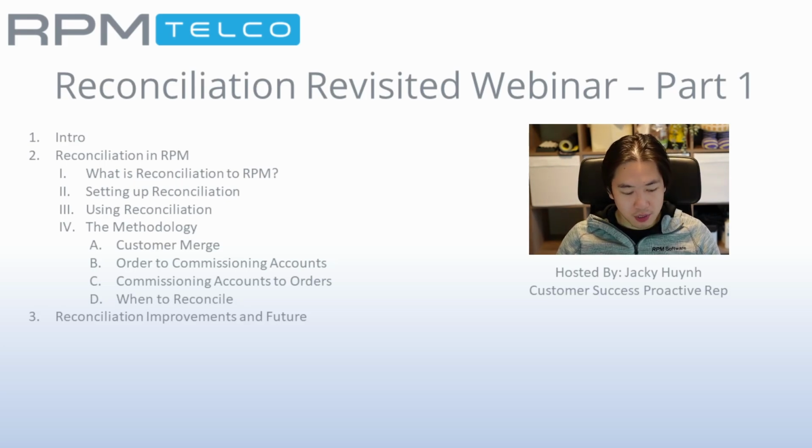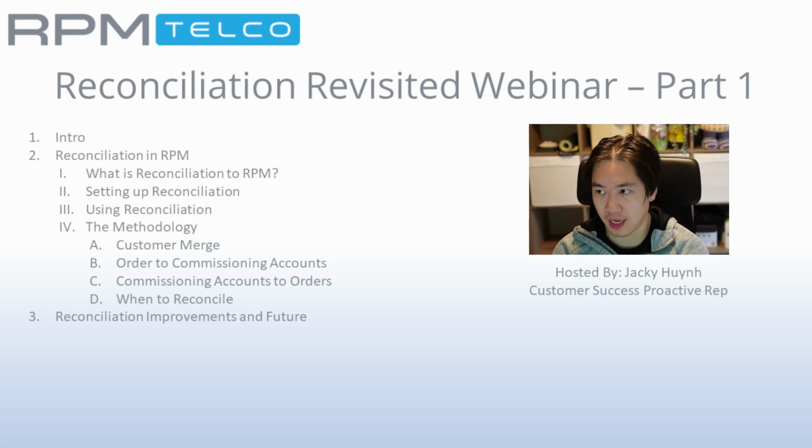But currently, the Reconcile in RPM does have some key points that I feel are still very evident, in the sense that it still needs to be done no matter what. We can't really get away from it, and that is the methodology of matching orders to commissions.